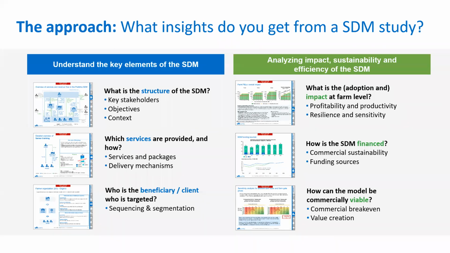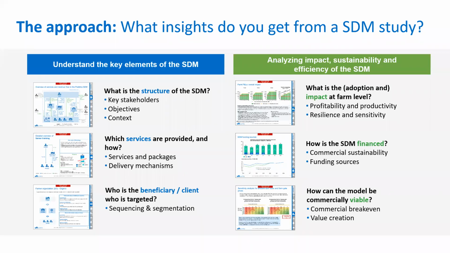Firstly, we look at the farm level. What is the adoption and impact at the farm level? We look at profitability and productivity. We look at resilience and sensitivity. We also look at cash flow volatility at the farm level.